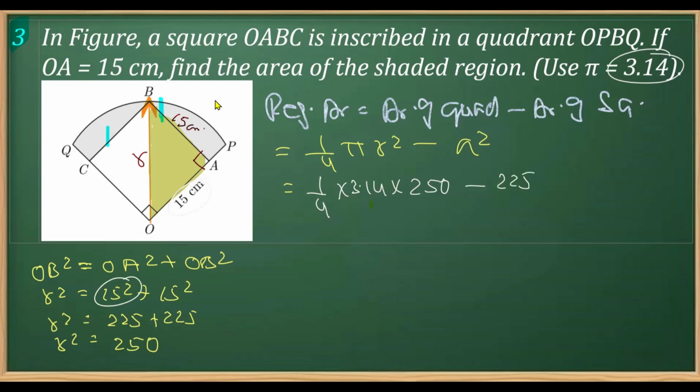I can reduce this first, by 2 times, which is 25, and this with 1.57. Now check here, we have this 25 as common. You can see, let me show you, this 25 is over here and 25 over here. So I'm taking 25 common. If I take 25 as common, what will we get inside? Let's see.